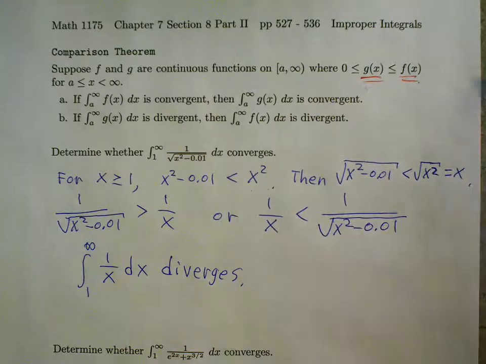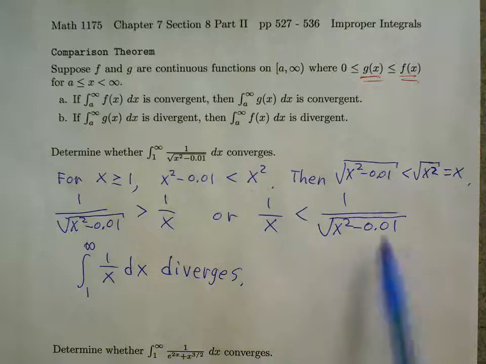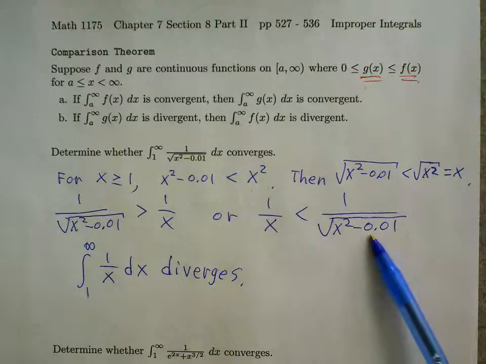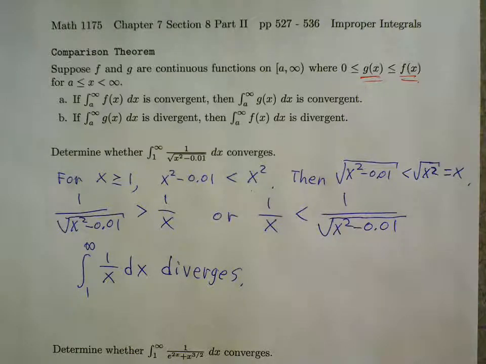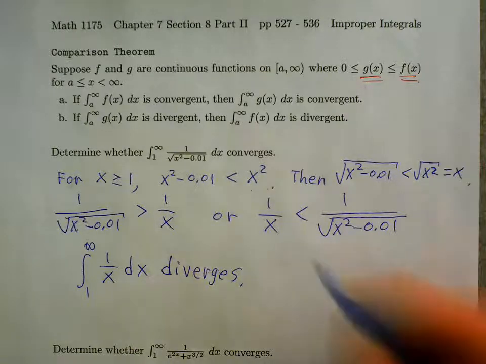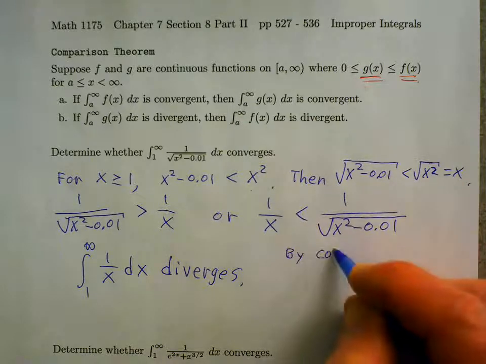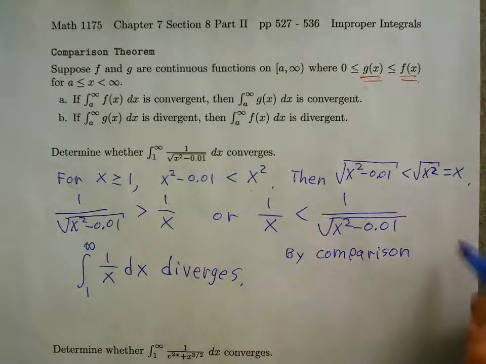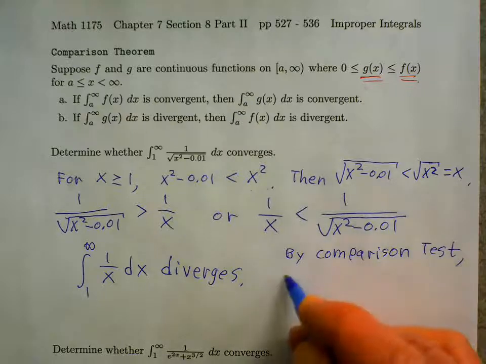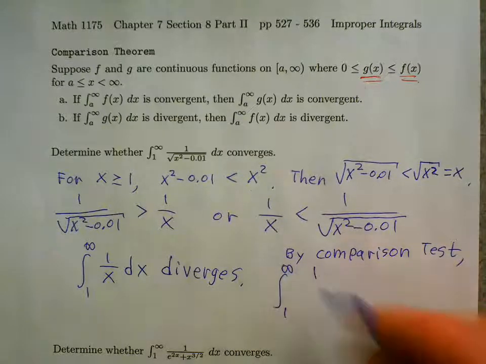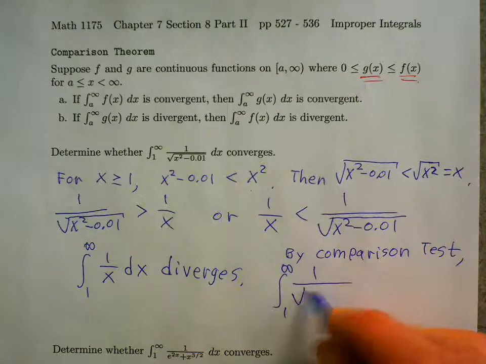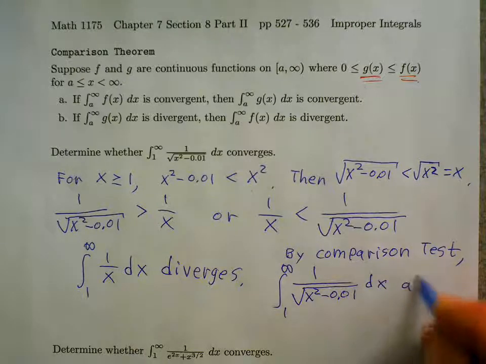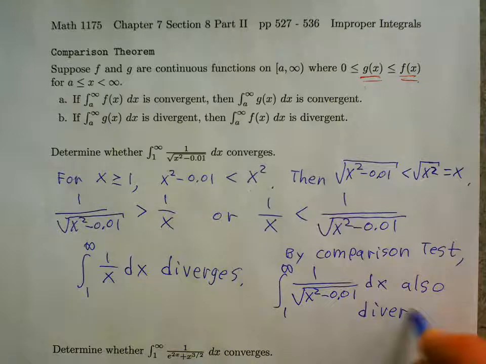And so by the comparison theorem, since 1 over x is less than 1 over the square root of x squared minus 0.01 for x greater than or equal to 1, by the comparison test, this improper integral also diverges. See how that works?